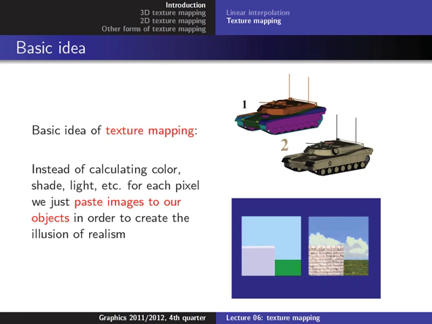Good, and that is of course the basic idea of texture mapping. We say instead of explicitly calculating the color for each point, we just take a structure, a texture, and paste that onto the object, like an image that we glue on an object.